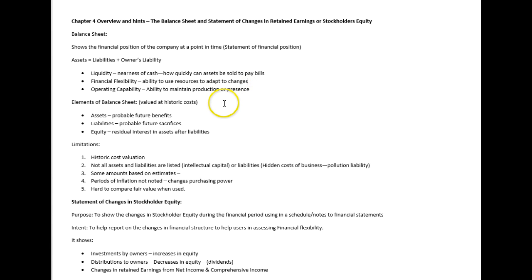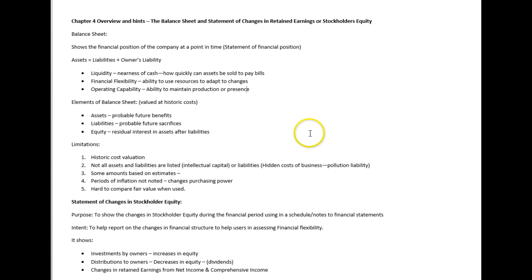The other thing is we look at it to see if they can maintain their presence, or if this is a viable, sustainable business. And there are a lot of equations that come out of the elements of the balance sheet.